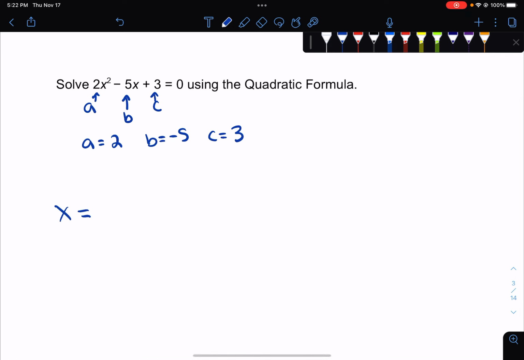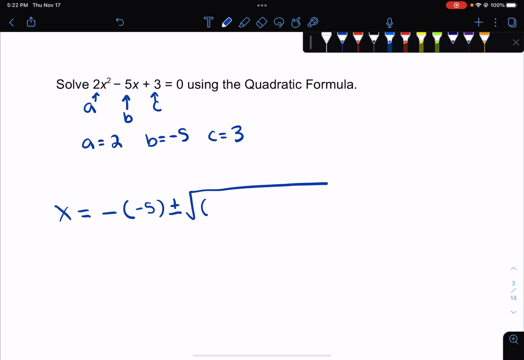Now that I know what a, b, and c are, I just plug them in. X equals, now my formula has a negative at the front, and then b. And in this case, b is a negative 5. And I'm going to put that in parentheses. Every time I plug a number in for one of these letters, I'm going to put it in parentheses so that my calculator does the math correctly, okay? And then I've got plus, minus, then this great big square root.